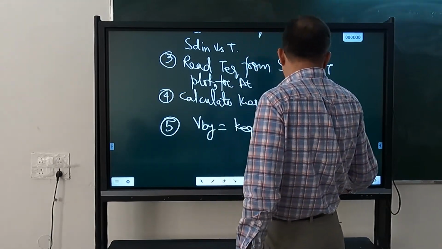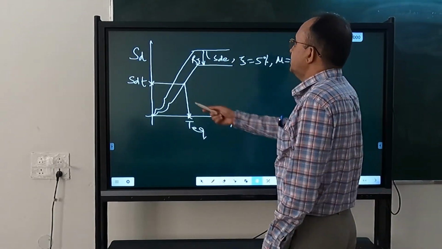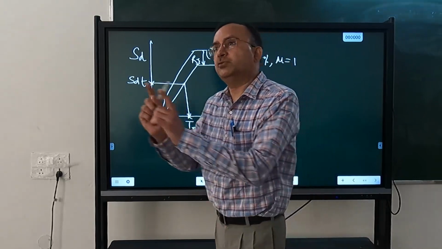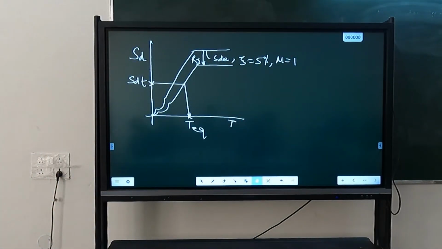Problem is that this response spectrum is for single degree freedom system. In the demand we have to choose for the target displacement, but for the VBY line we have to calculate from the K equivalent. That means K equivalent is the 10-story building converted into the single degree freedom system.